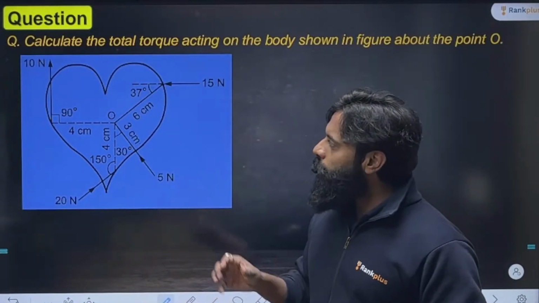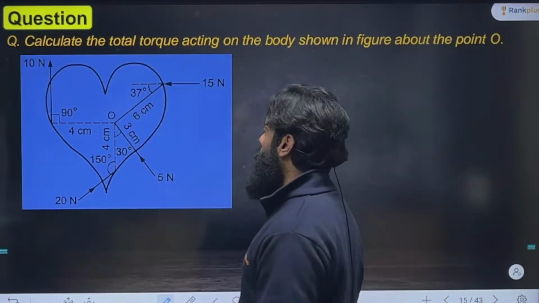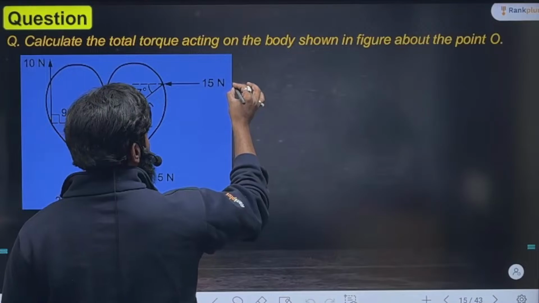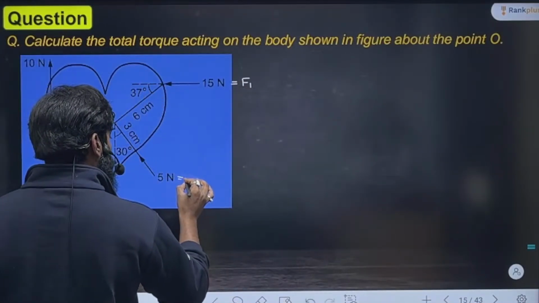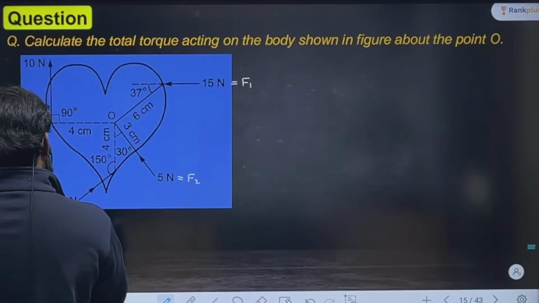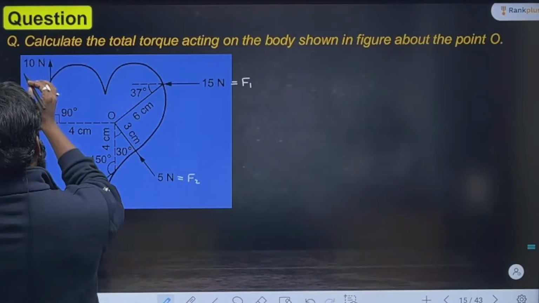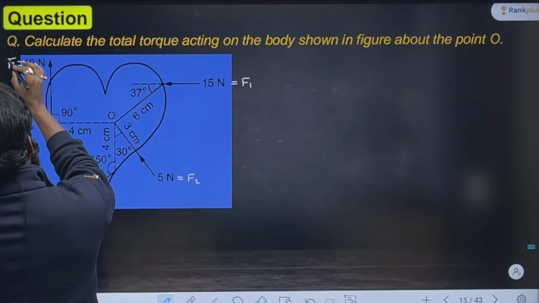In this question, there are 1, 2, 3, and 4 forces acting. So take 4 forces: force F1, force F2, force F3, and force F4.